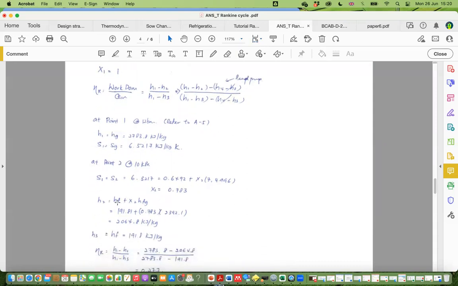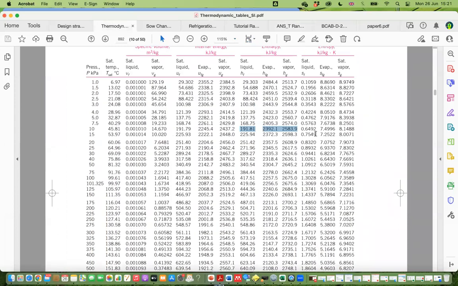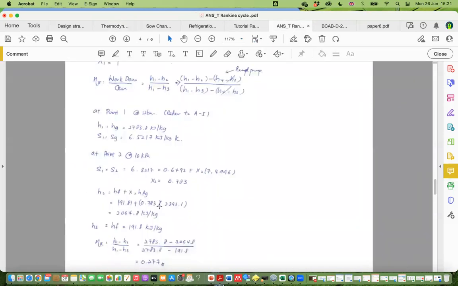So first you refer to this to plug in here to get the x dryness fraction.